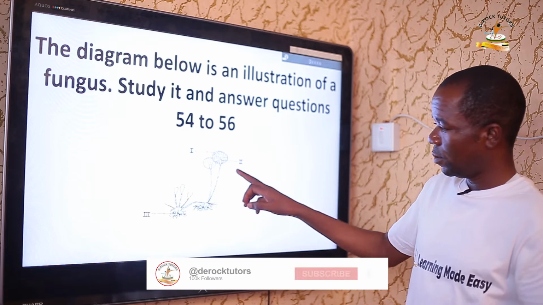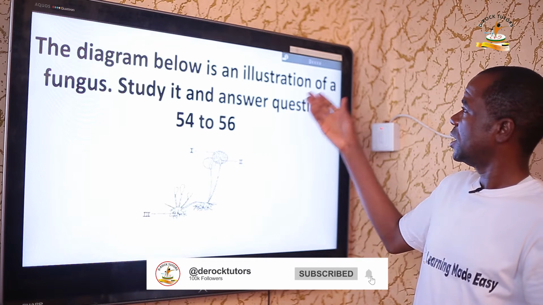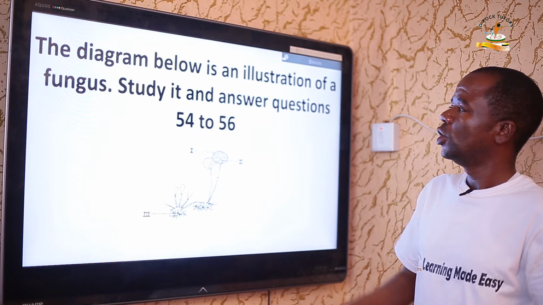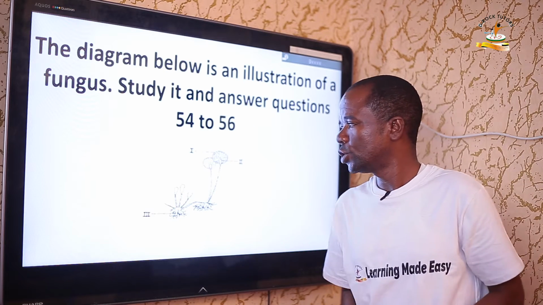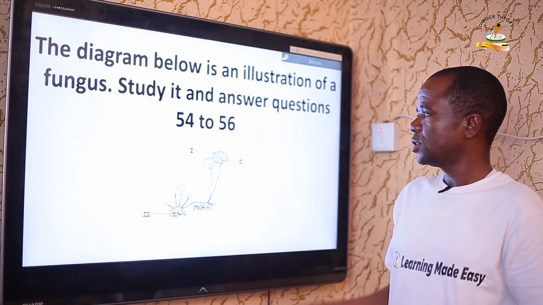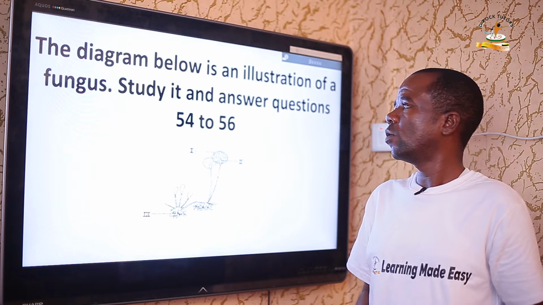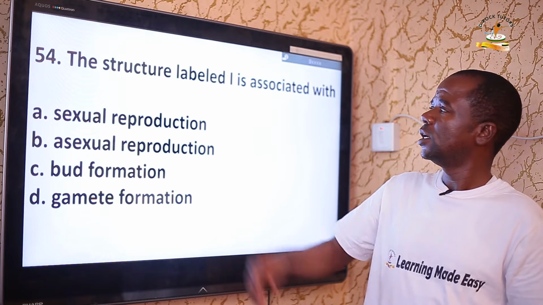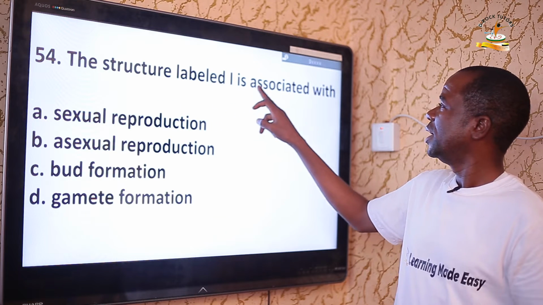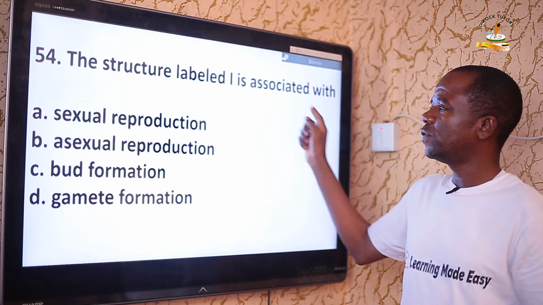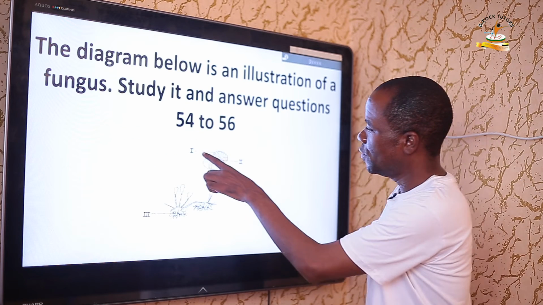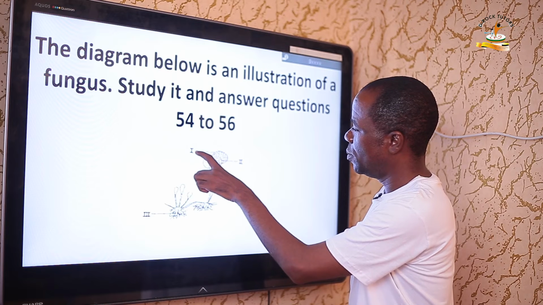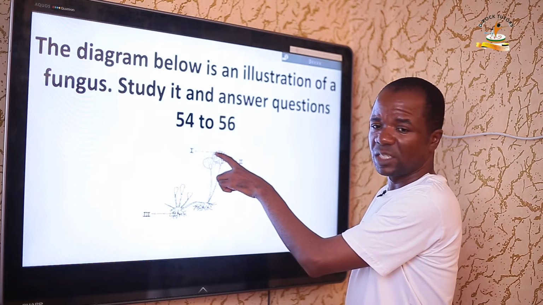Number 54. The diagram below is an illustration of a fungus. We have to study it and use it to answer questions 54 to 56. Let's look at what question 54 says. The structure labeled 1 is associated with, let's take a look at the structure. This is the part labeled 1 here, that is the sporangium.